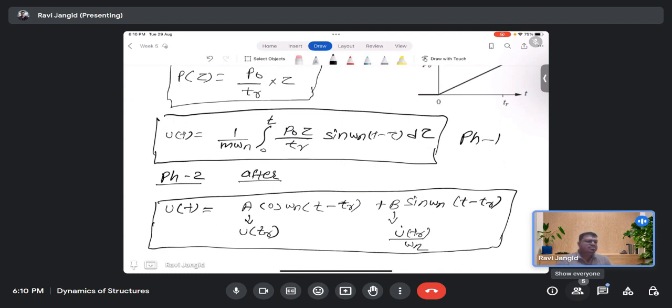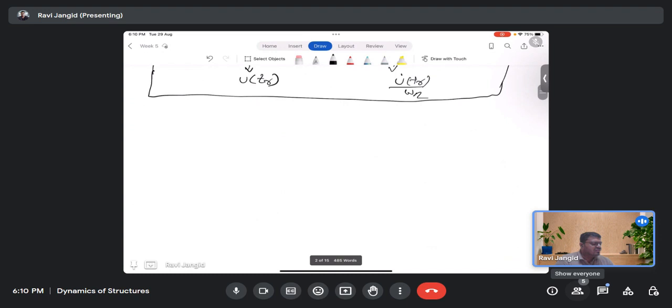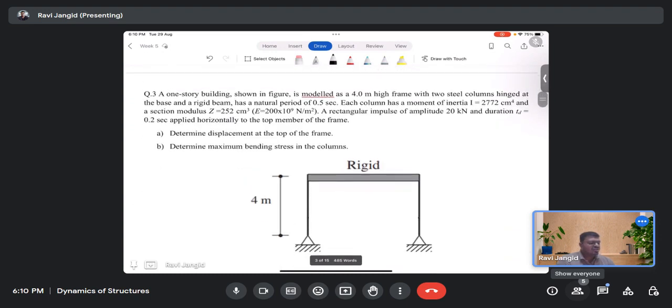These are the simple basic questions. Now we are moving to some mathematical problems using the formulation which you already have. In this problem, a one story frame is modeled as a 4-meter height frame with two steel columns hinged at the base, and the rigid beam. The natural period of the frame is 0.5 second.